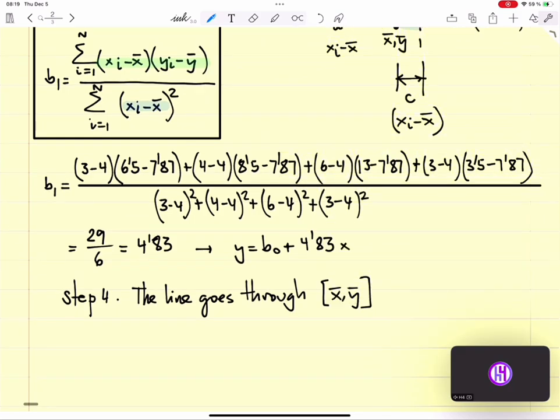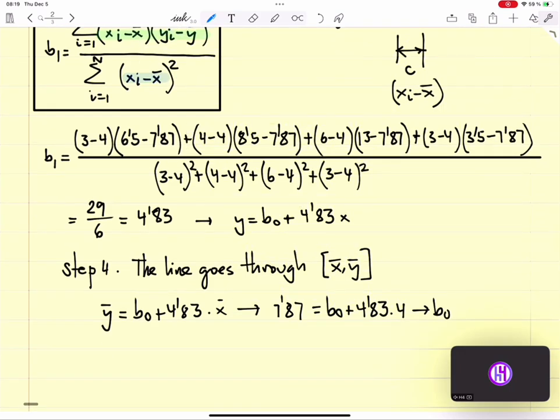So y mean value equals b0 plus 4.83 times x mean value, meaning that if you substitute the values there, you get b0 plus 4.83 times 4, so you get b0, which is going to be minus 11.46.